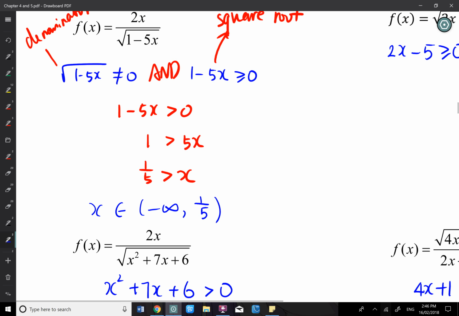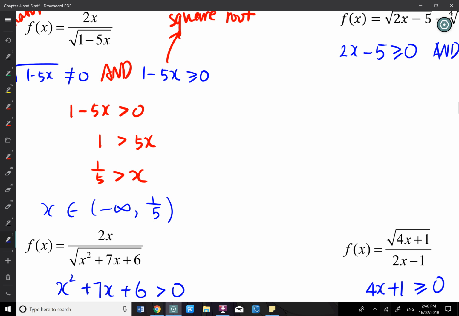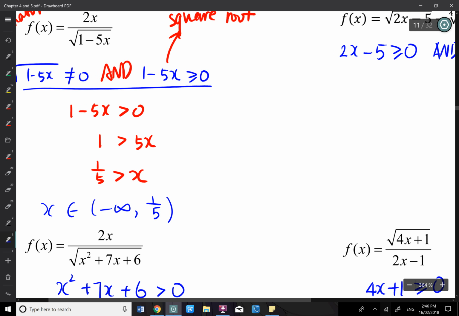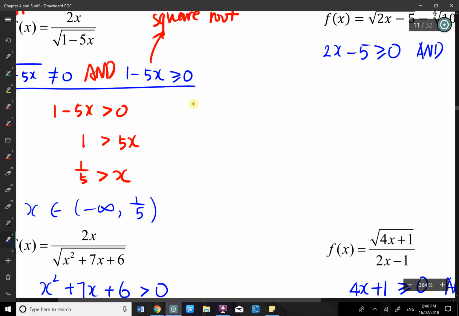Because it's the denominator. I don't want the denominator to be 0. That's why I make 1 minus 5x only greater than 0. If 1 minus 5x is 0, then your denominator will be 0 as well.